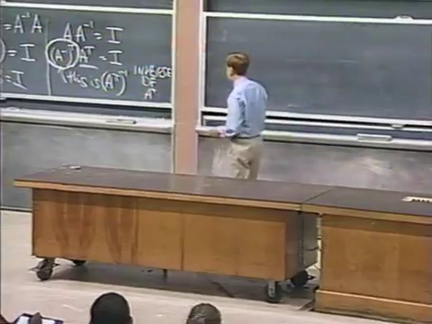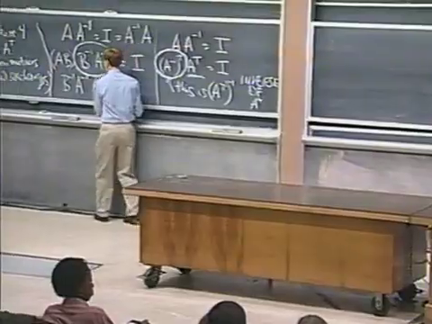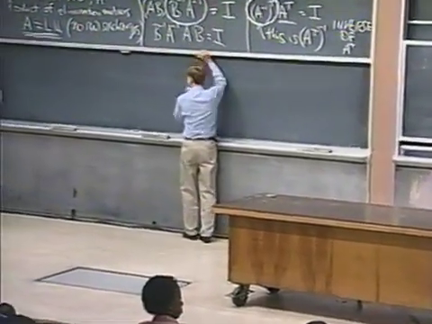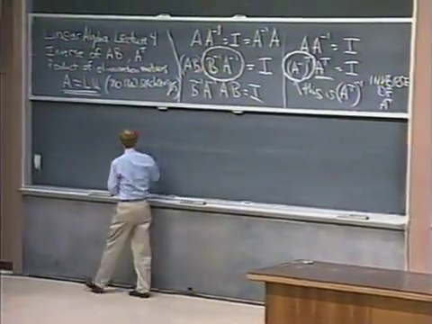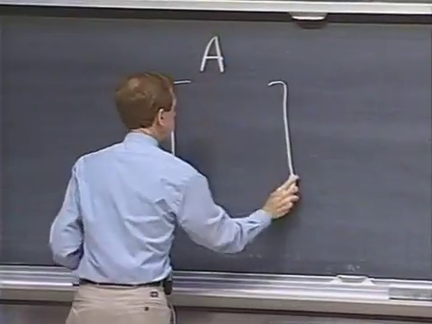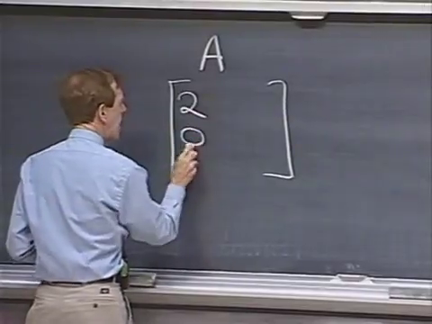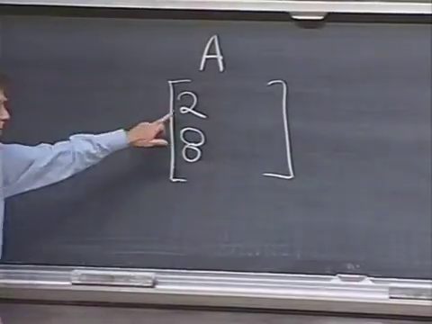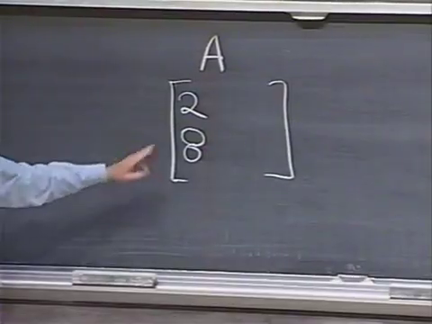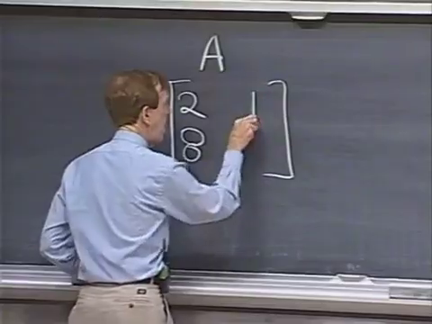Okay, 2 by 2 elimination. So I'll do it under here. Let my matrix A be, we'll keep it simple, say 2 and an 8, so we know that the first pivot is a 2, and the multiplier is going to be a 4. And then let me put a 1 here.